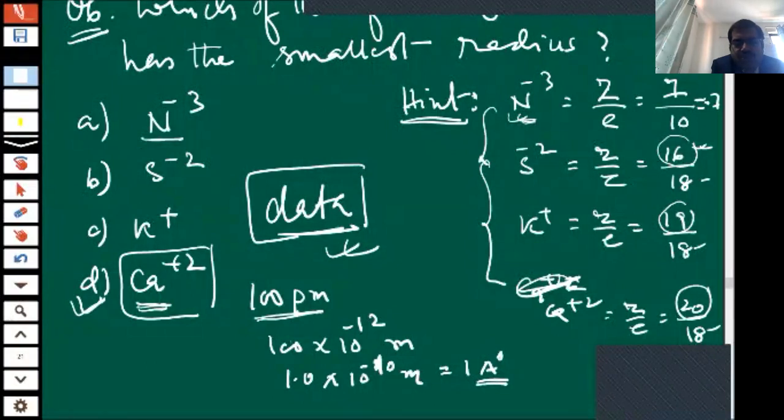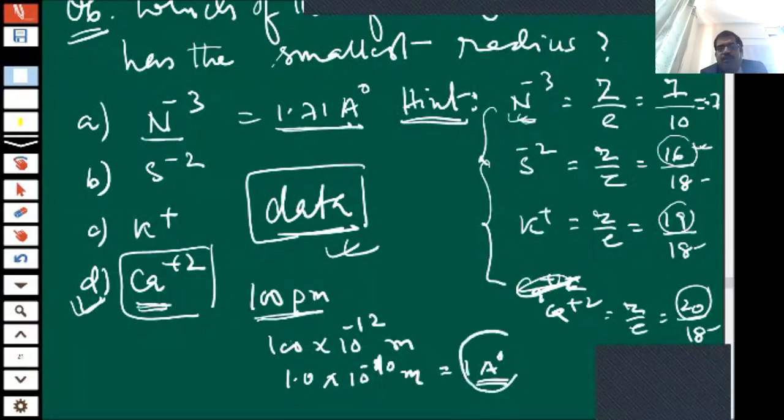And N minus 3 is having 1.71 angstrom. Children, see the difference. So our answer D is correct, children.